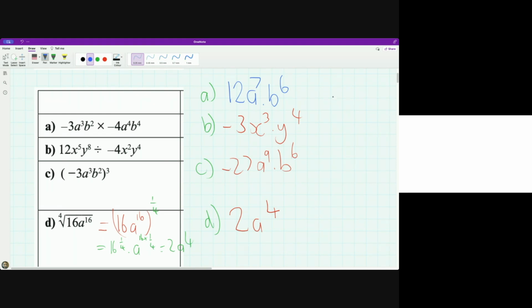Sometimes students forget, so for example B, if you wrote it like this, it's sometimes easier to see why you end up with an x to the 3. It's because of the x to the 5 and the x to the 2 there. And why you get y to the 4, or you have y to the 8 divided by y to the 4.